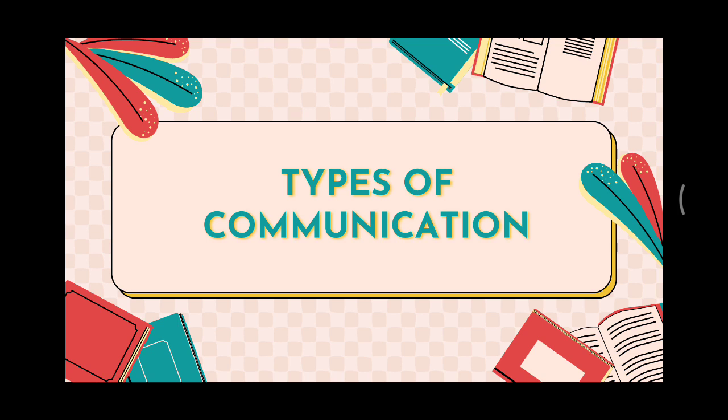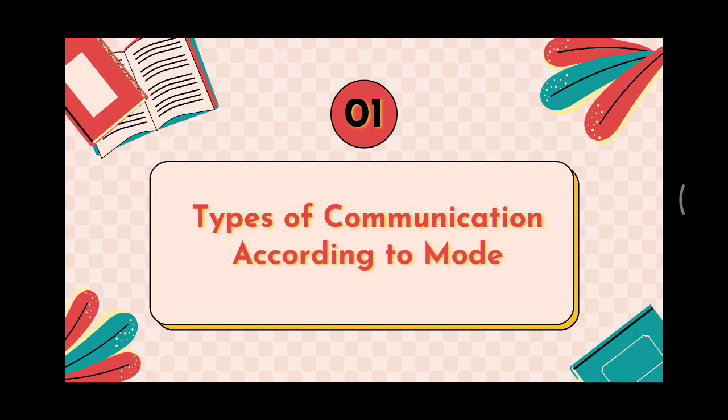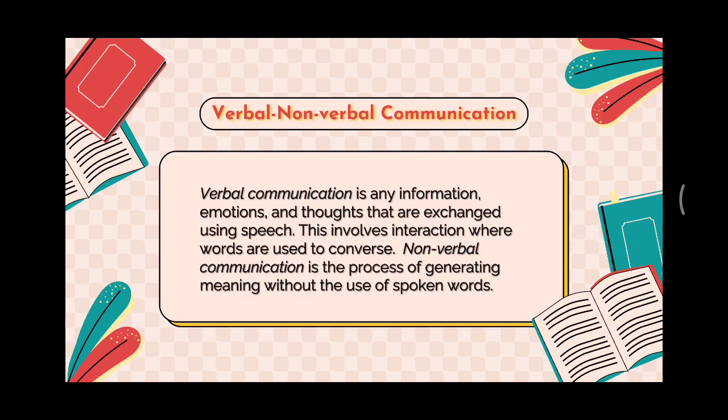Now, next we have the types of communication. The first set of the types of communication is the type of communication according to mode. Now, in this type, we have two subcategories. The first is verbal and non-verbal communication.